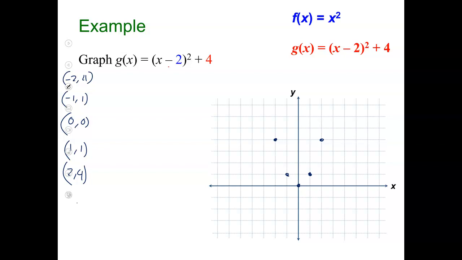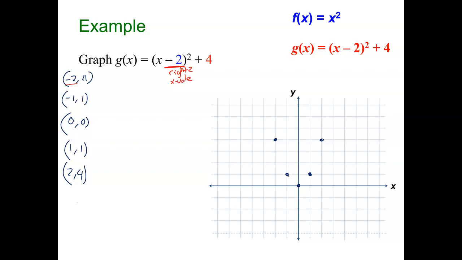So this negative 2 moves me which way? To the right. How far? 2. Is that going to change the x value or the y value? Because negative 1 squared is 1. Okay. So I'm going to change the x value. I'm going to be moving right 2 units, which changes the x value.